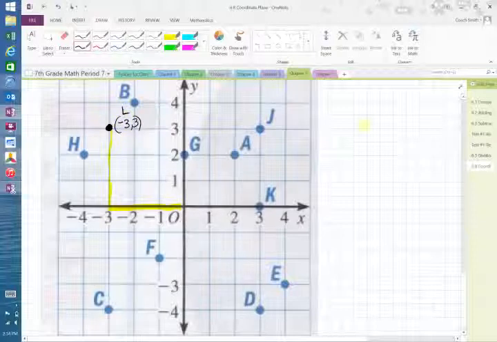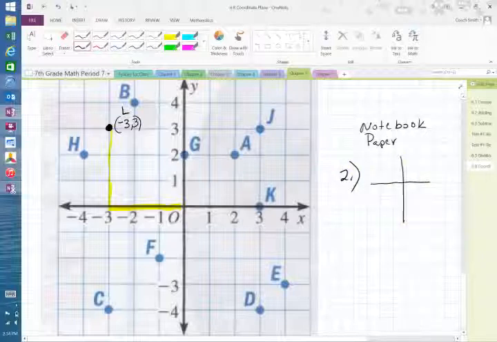Okay. On your notebook paper, which you're going to be using mostly. So right beside it, here's what number 2 would look like. You would draw a little graph. Okay, and you would go 1, 2, 3, 1, 2, 3. And you would put the point right there.